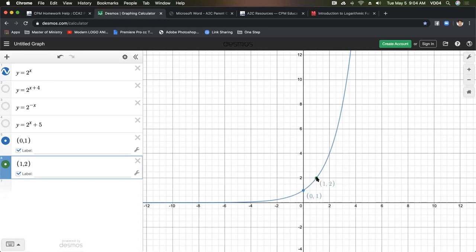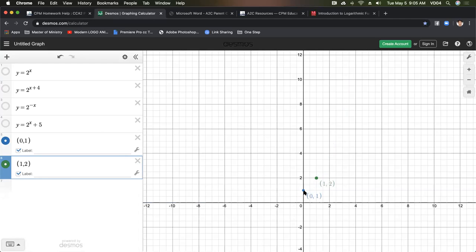As you can see, the point lies on the graph. Even if we do not know the graph of this equation yet, we can figure out that this equation passes through these points.